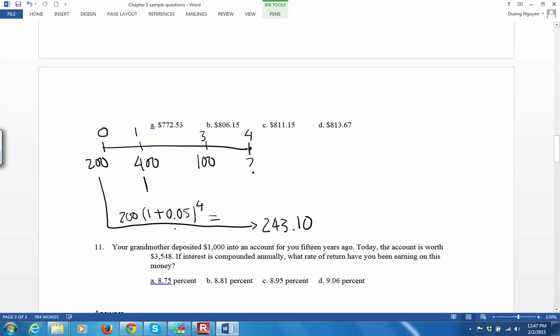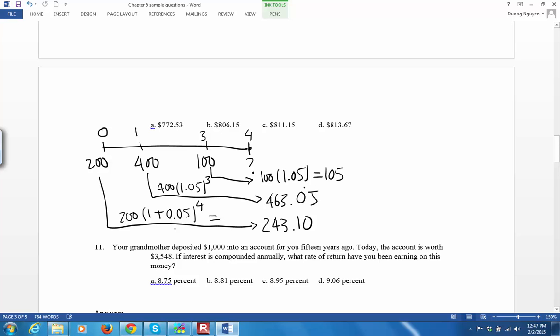Now $400 in year 1 will become 400 times 1.05 raised to the power 3, because from year 1 to year 4 you have 3 years, and this is equal to 463.05. And the $100 in year 3 will become 100 times 1.05, equal to 105.